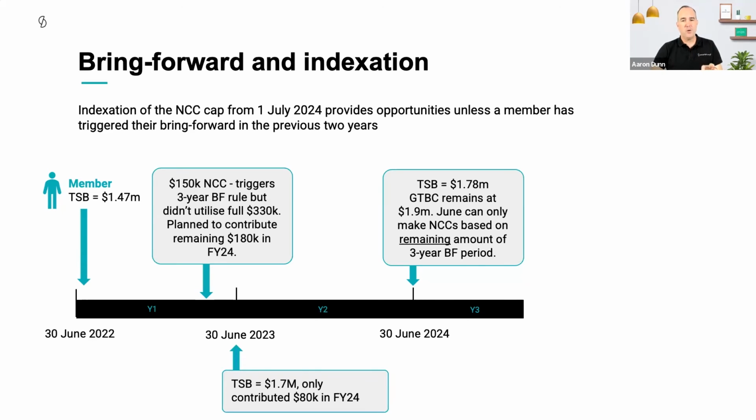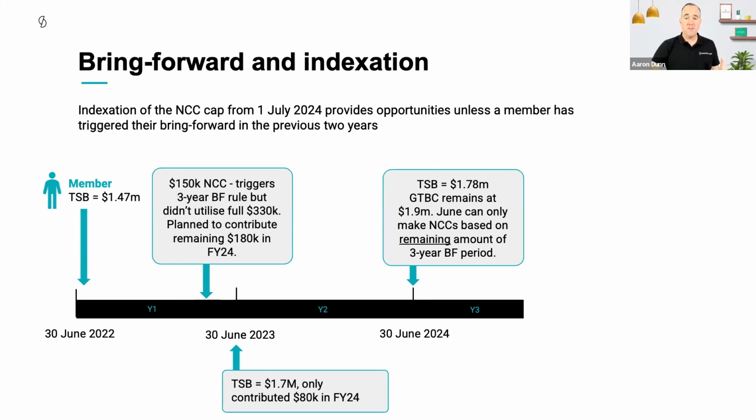And I just want to give you this example here to help highlight the importance of this relevant situation, because if we have a circumstance where a client is already within a bring forward period, so in this instance at 30 June 2022, we had the member that had a TSB at 1.47 million and they were eligible to trigger a 3-year bring forward period because the non-concessional contribution they made in that year was greater than 1 times the NCC cap.